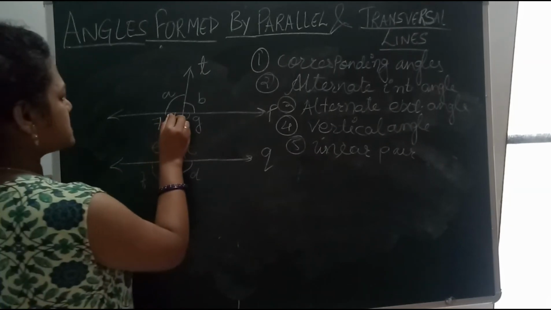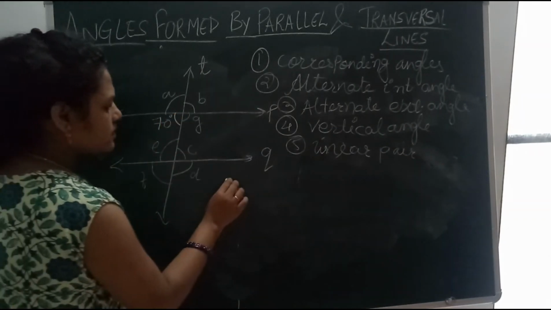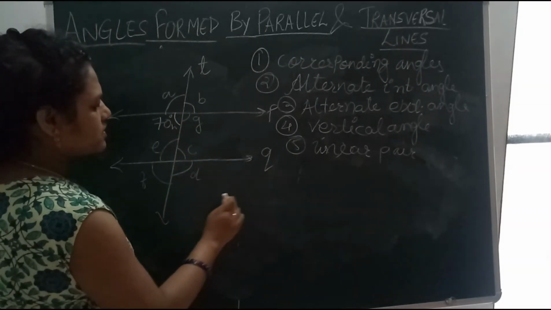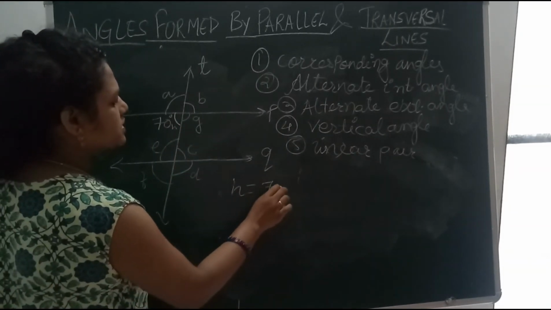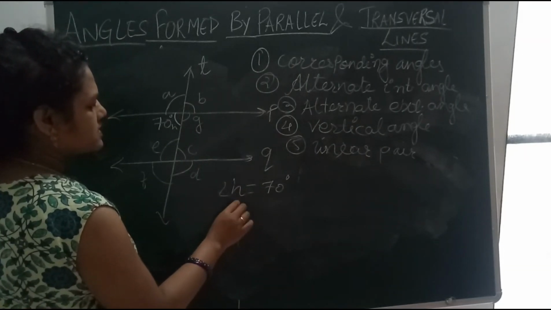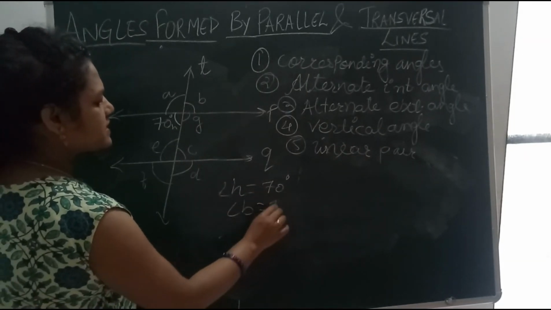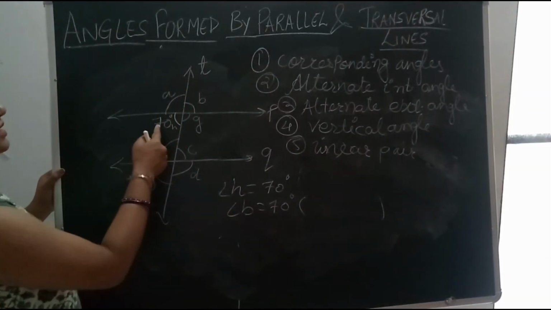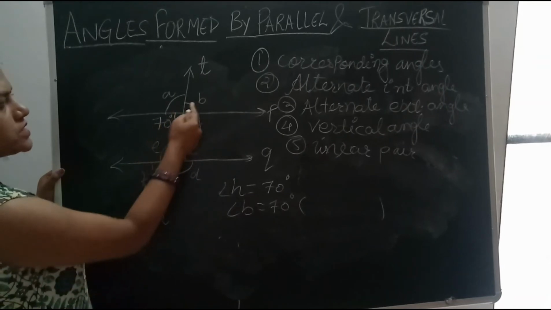Suppose this is 70 degrees, name this also as H. As H is 70 degrees, this angle B can also be 70. What will be the reason? These two are opposite to each other.